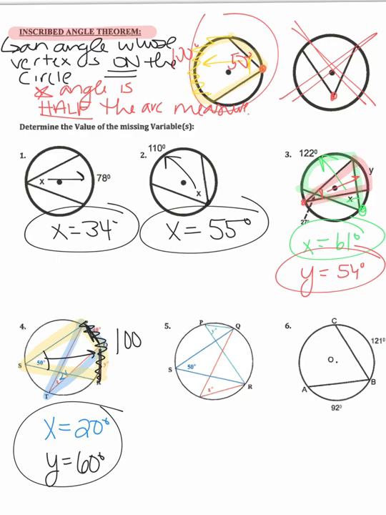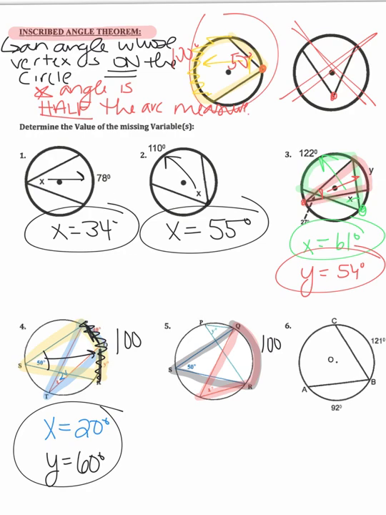Now let's look at this next one. It wants me to find x and y. Notice x and y don't have any numbers, but I see this number here, 50. That's an inscribed angle because it's on my circle, so this arc is 100. Now if I look at x, it shares that same arc.